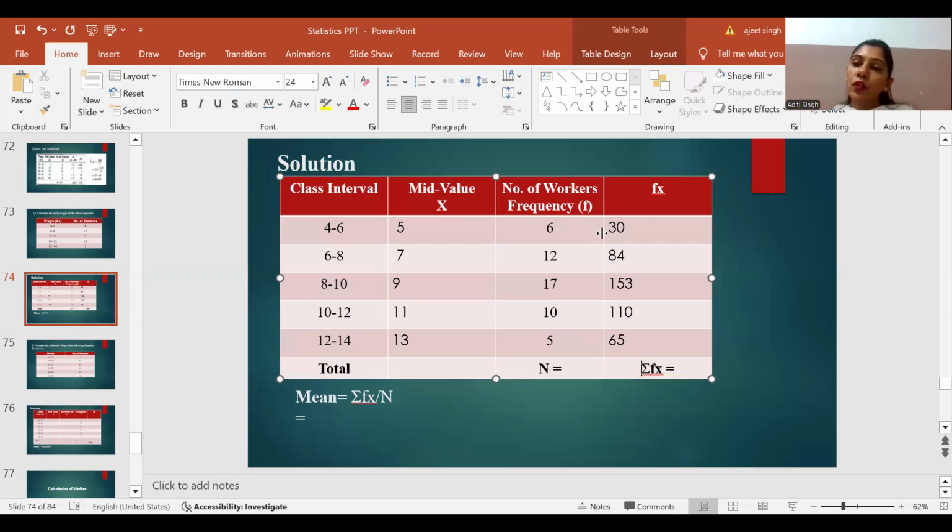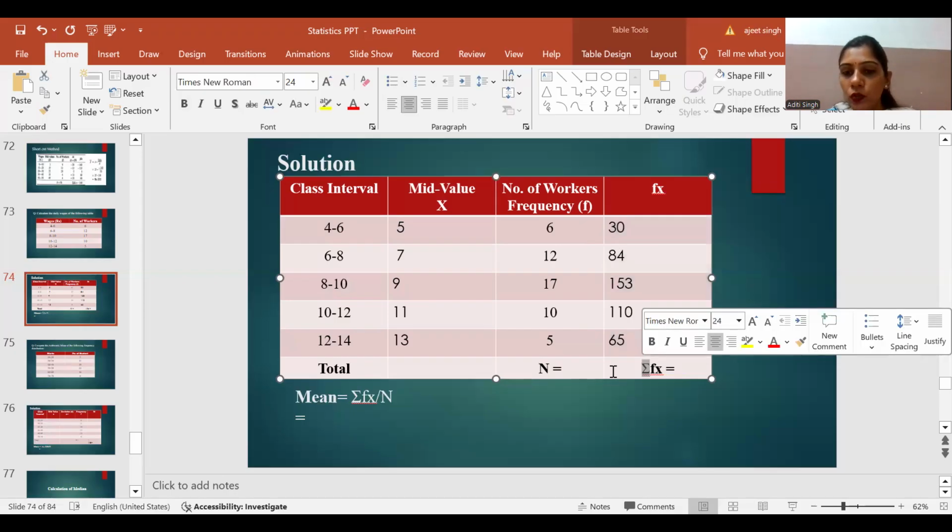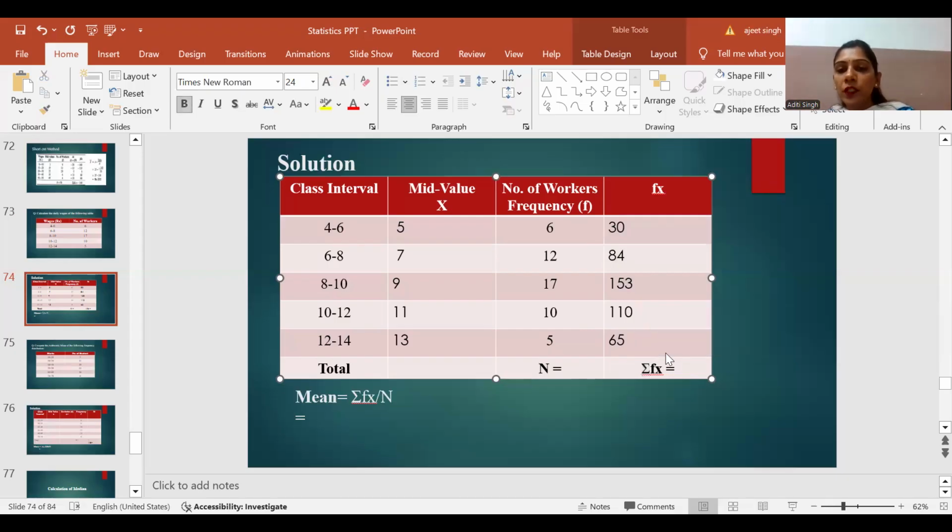Now for getting the sum of fx, we have to add all these values. The summation sign is a sign of sum, so sum of fx means we have to add all these values: 30 plus 84 plus 153 plus 110 plus 65.